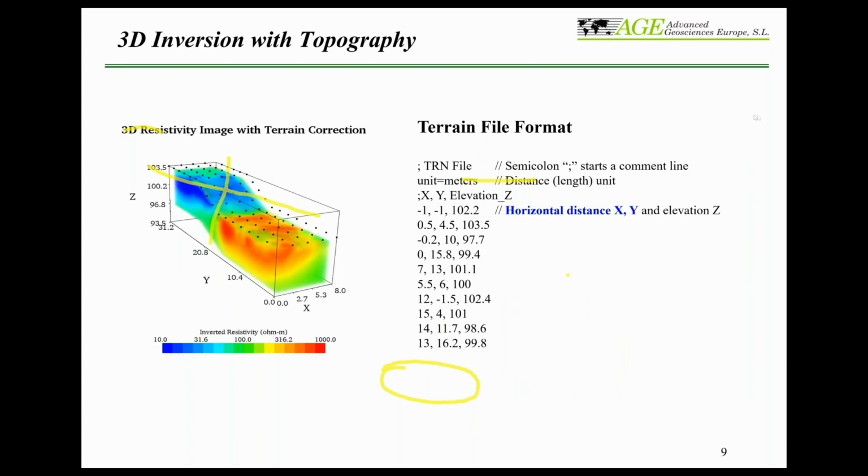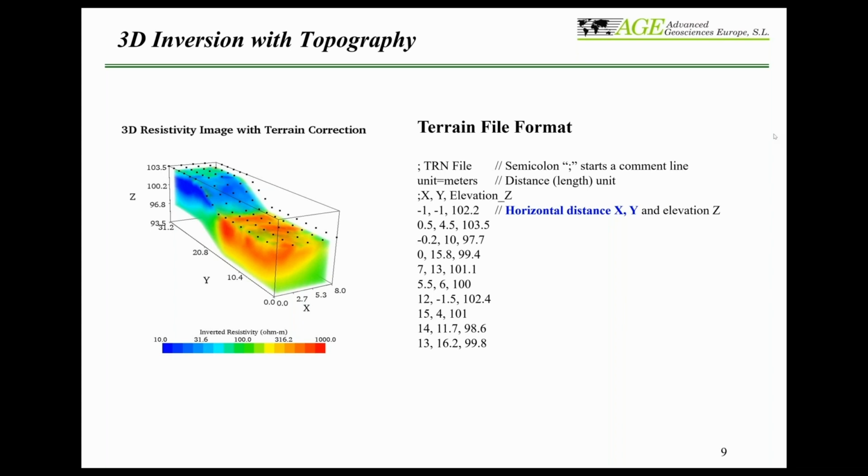Okay, the other thing is if you have topography, you can also incorporate topography. Last week somebody asked: does our software incorporate topography after inversion or before inversion? I know there are some software packages that first do the inversion on a regular grid with a flat surface, and then shift everything up and down based on the topography.